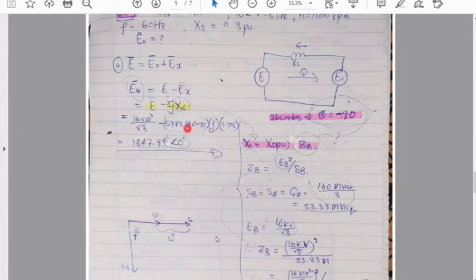Note that you're going to get a value for your angle to be 0, which makes sense because we're calculating E naught. We know that E is usually 0, but in this case, our E naught is also 0.